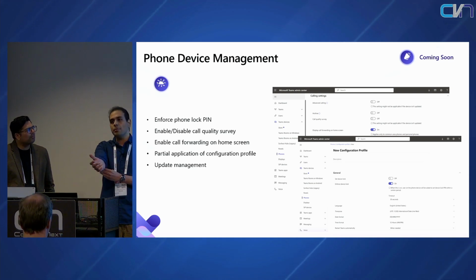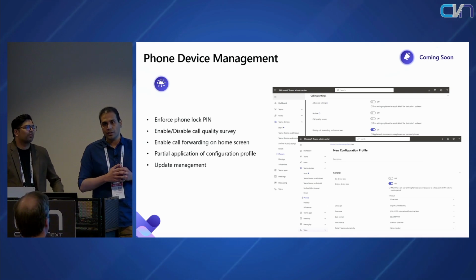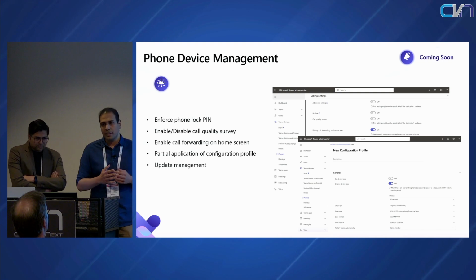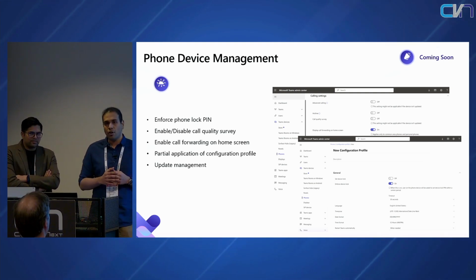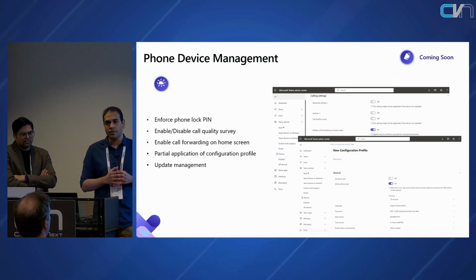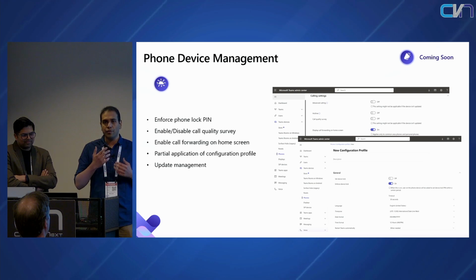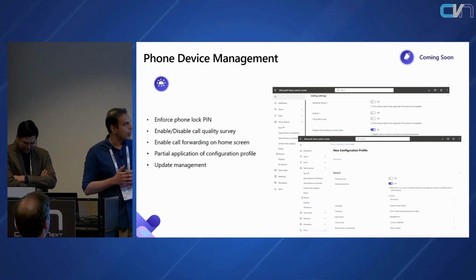You as admins will have the option of enforcing your users to set the phone lock pin from a security point of view. Second, you will have the option of disabling the call quality survey for your users if they're dealing with a lot of calls, so they don't have to fill in that survey again and again. We understand that's something users may be annoyed with.